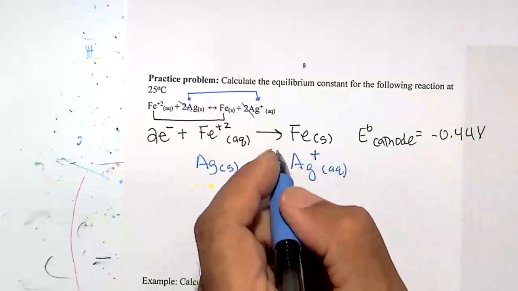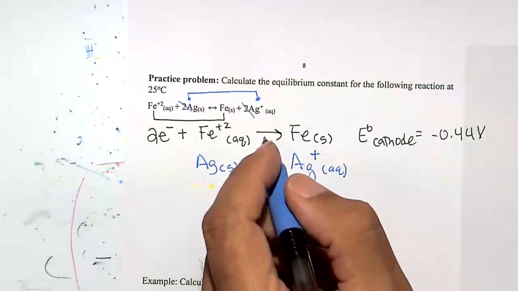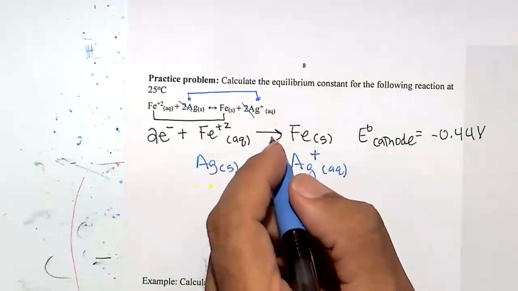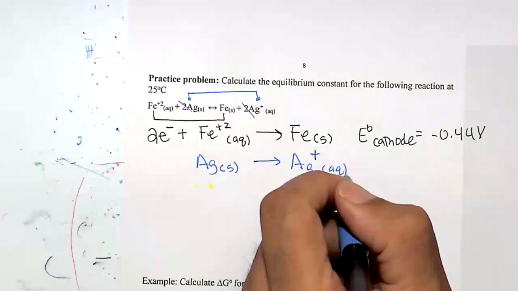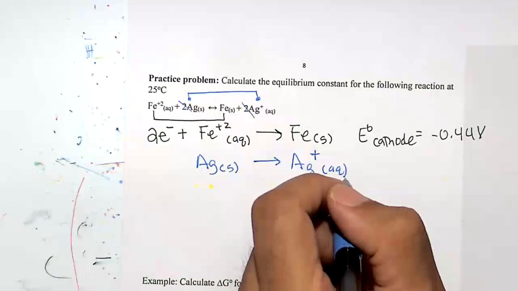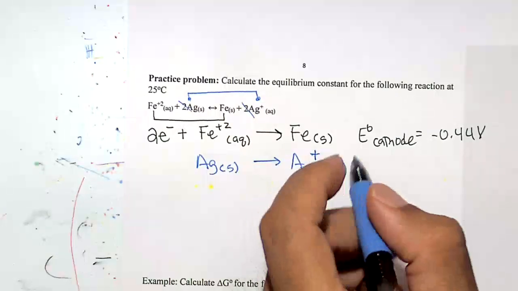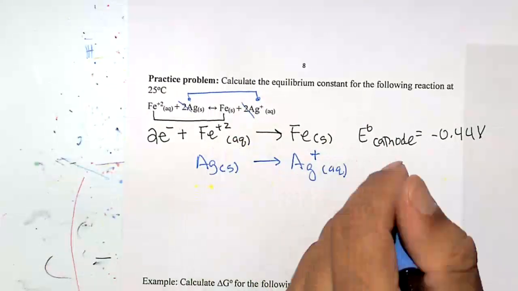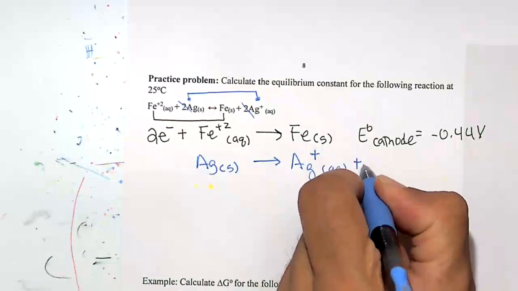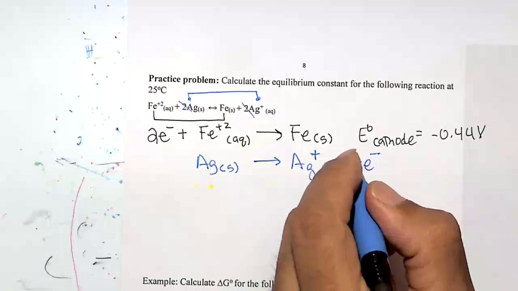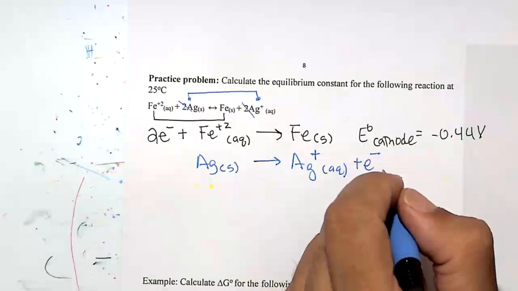How many electrons? 1. Okay, and where should they go? Product side or reactant side? Very good. Okay, the product side. This balances out.